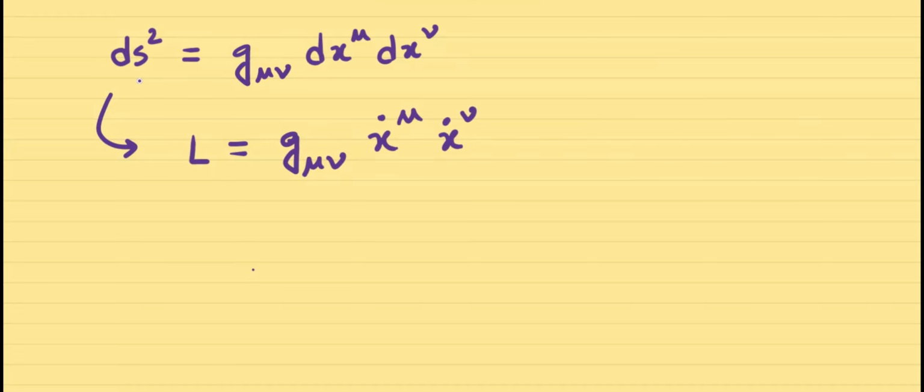Alright, so these dots simply mean they are derivatives with respect to the parameter, the affine parameter we have just chosen. So if that is the case, then we can write down the Euler-Lagrange equation where we plug in this L as follows.